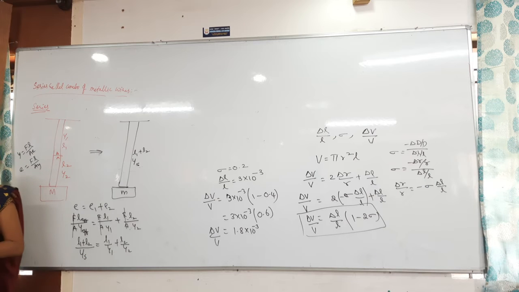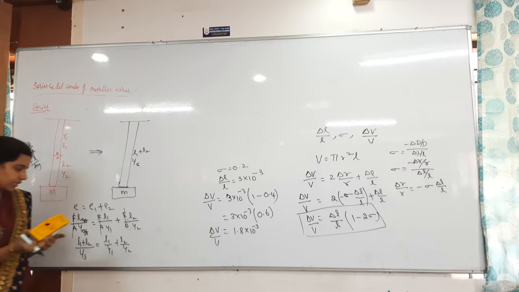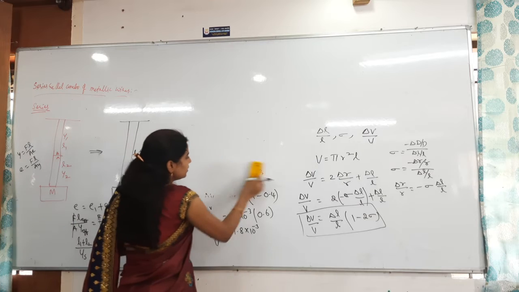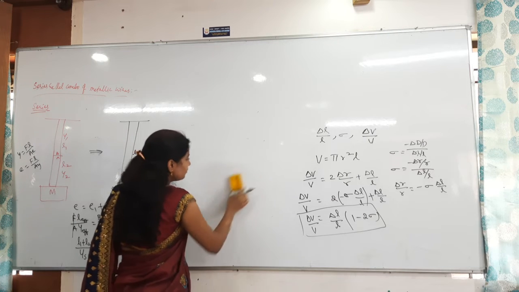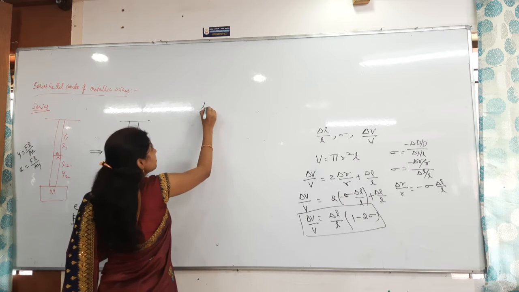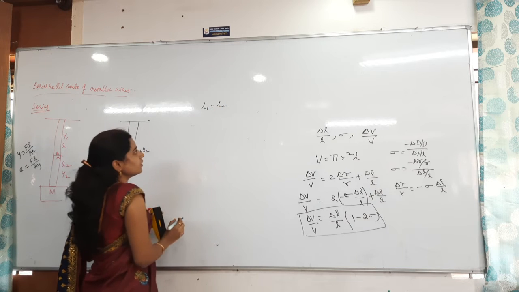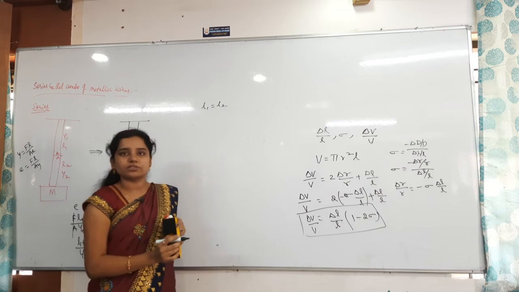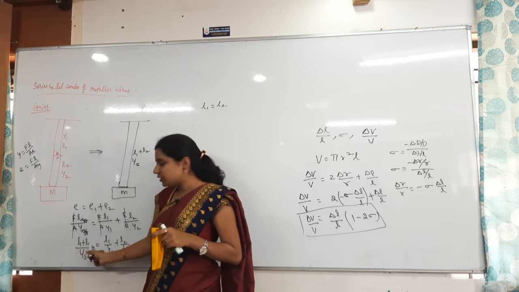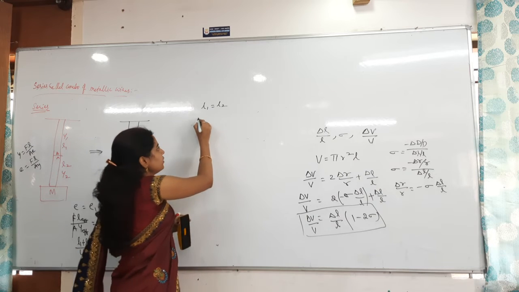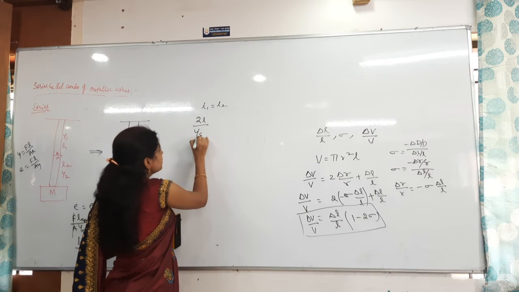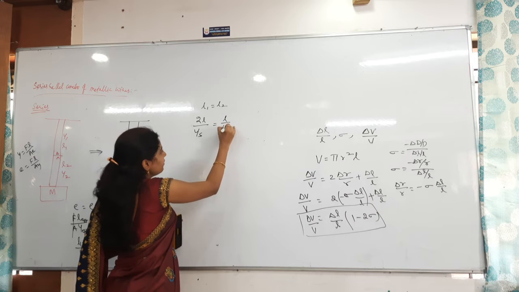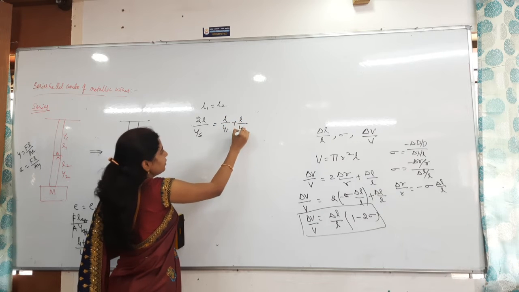In this case, one more advanced case we will take. If the lengths are the same, I have taken the lengths are the same, L1 is equal to L2. Then what is the formula? You will get Y effective: L1 plus L2 is equal to how much? 2L. 2L by Y series is equal to L by Y1 plus L by Y2.